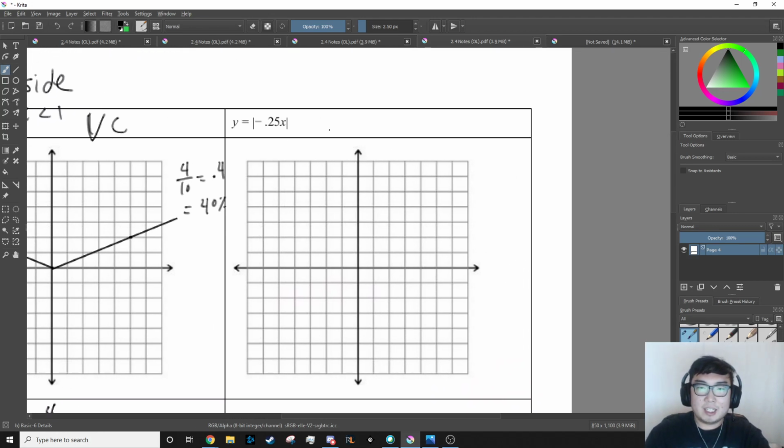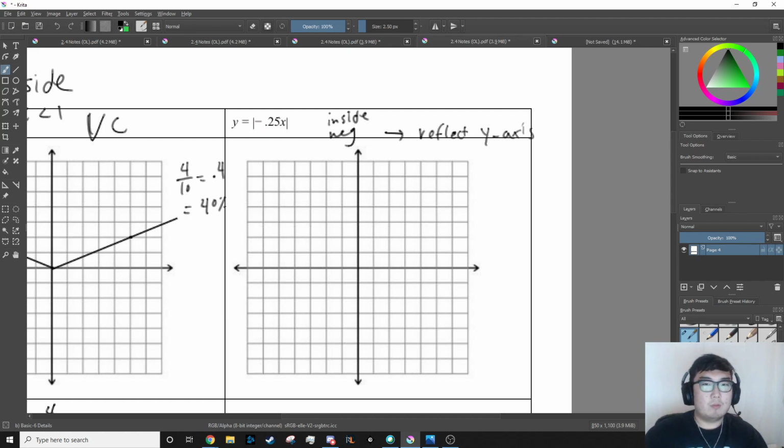This one's inside, and it has a negative. So I know for sure that if it's inside negative, it is going to be a reflection over the y-axis, and it's going to be a scale factor of 0.25.